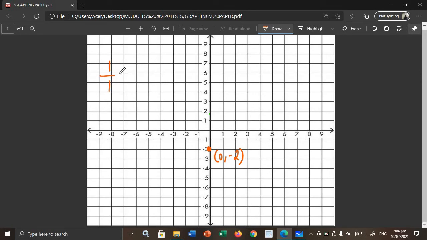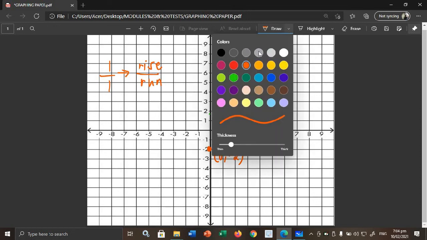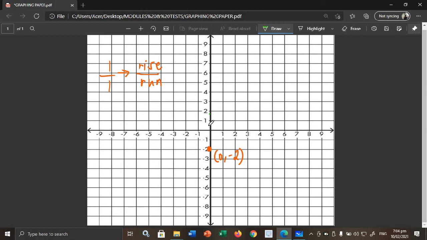So, 1 over 1, rise over run. So, using the slope, let's locate the second point. So, yung units natin upwards, or yung rise natin is 1 unit. So, from here, 1. Okay? And then, yung run natin is 1 unit din.